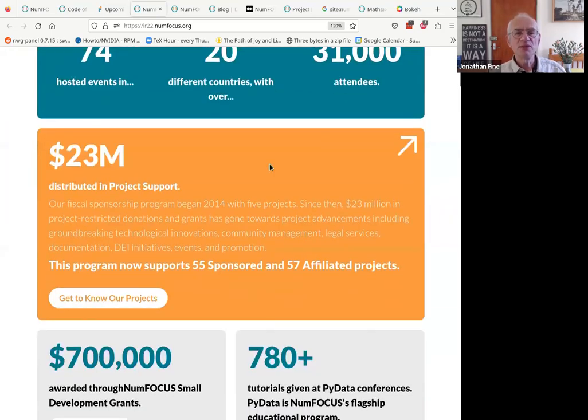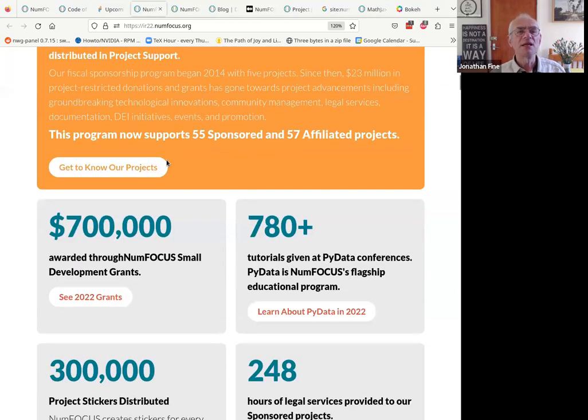This figure of 23 million is distributed in project support over the 12 years. So that's approximately 2 million a year. And of course, it's increased recently. It sort of got off to a slow start, I believe, and then now it's increased. And in particular, there's been 700,000 given in small development grants.